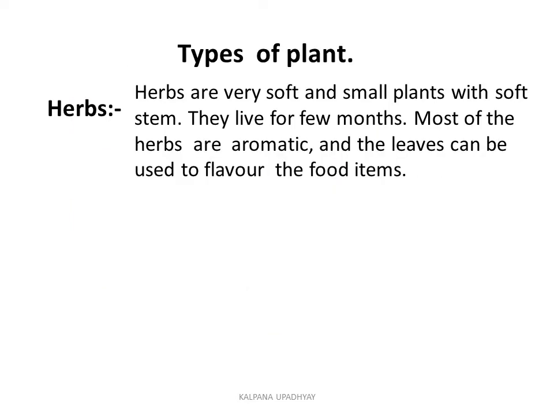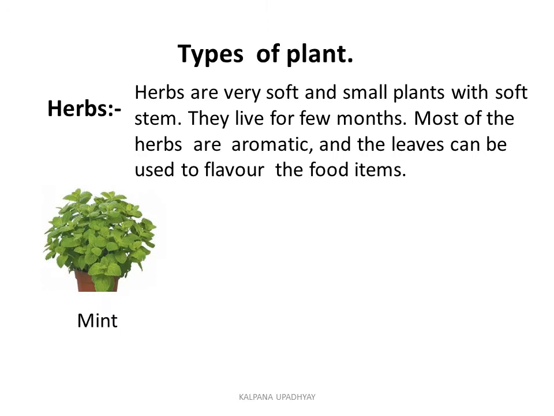We can see many types of plants in our surroundings. Smallest plants are called herbs. Herbs are very soft and small plants with soft stems. They live for a few months. Most of the herbs are aromatic and their leaves can be used to flavor food items.